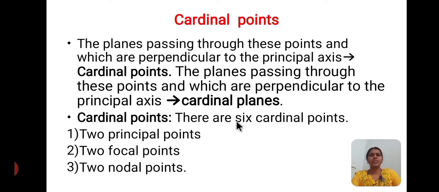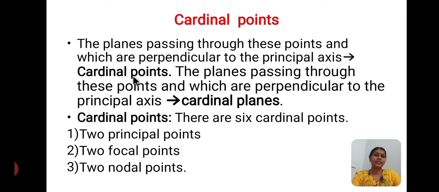The points of intersection of these planes with the axis, we call Gauss points or else principal points. Another name for the Gauss point is cardinal points.